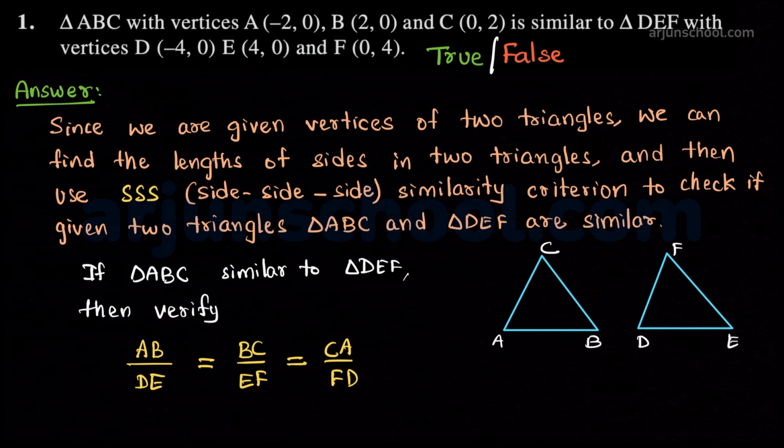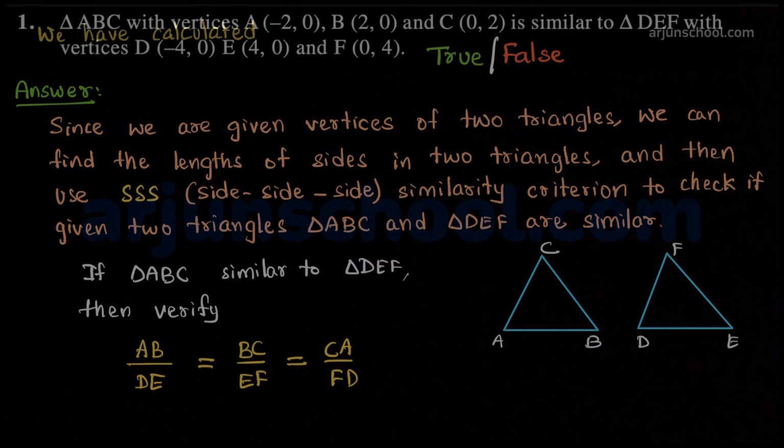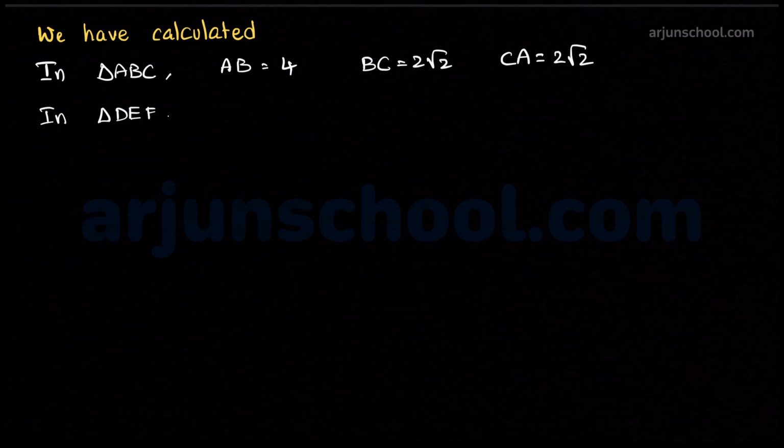Now we have already seen that if triangle ABC has to be similar to triangle DEF, then the ratios AB by DE, BC by EF, CA by FD must be equal. Right. Let us summarize what we have found. In triangle ABC we have found all 3 sides, and in triangle DEF we have found all the 3 sides. AB by DE: for the side AB in triangle ABC, the corresponding side in triangle DEF is DE.